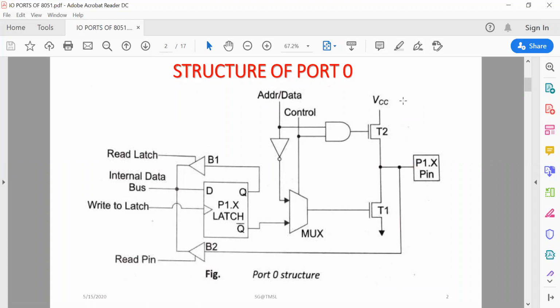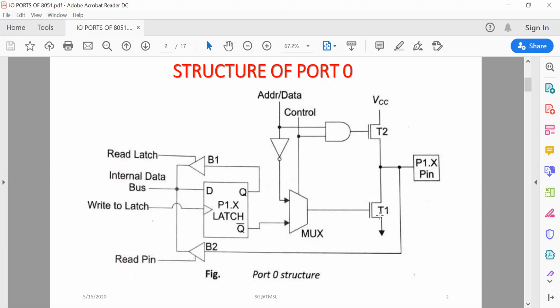Now the control signal directs the address line to the gate of this T1 transistor, or FET.